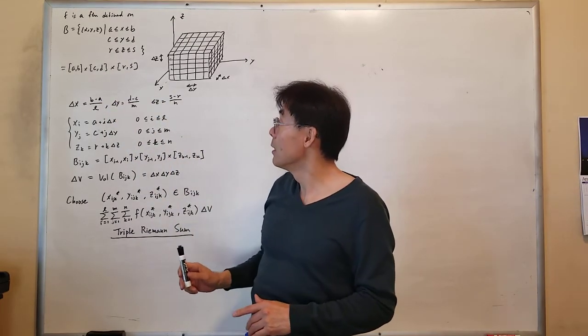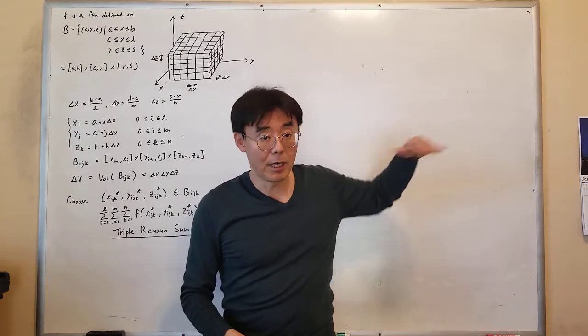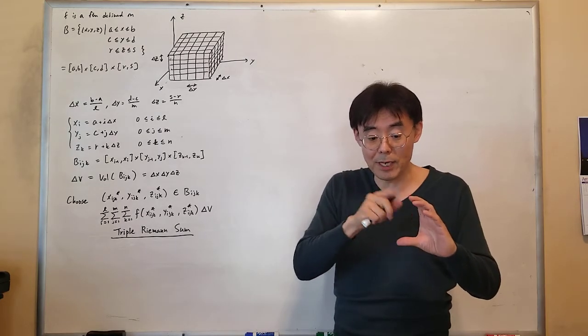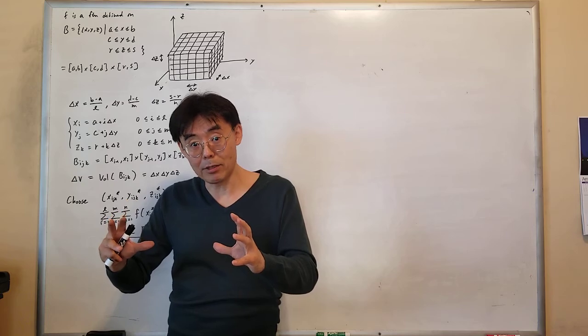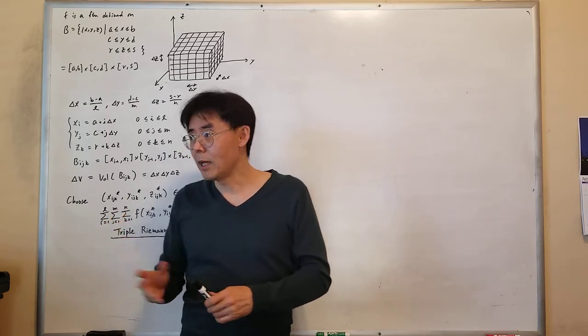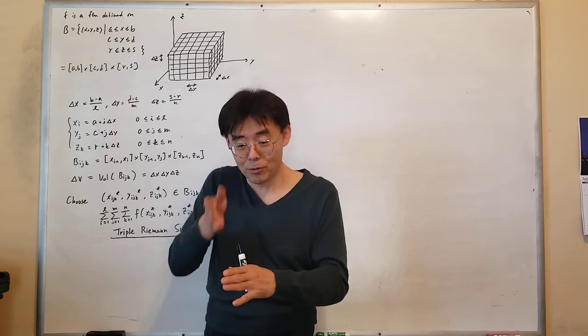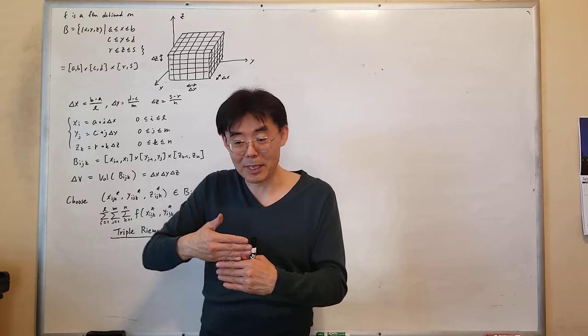Then, just like the double integral case, we partition the whole region into fine grids. We will partition the entire box, like cutting a lump of tofu into fine pieces for miso soup, for example.